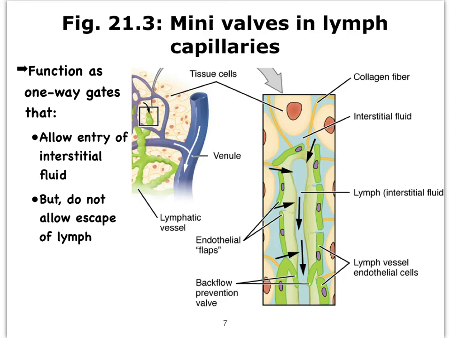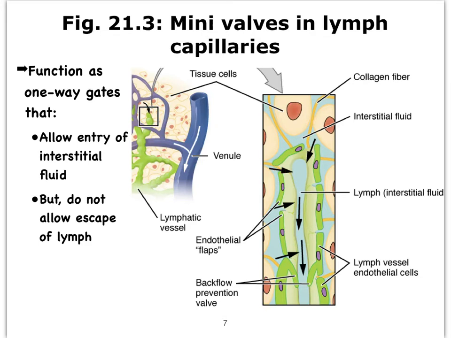Now notice that this endothelial layer is formed to have little valves that allow interstitial fluid to very easily seep into the lumen of our lymphatic capillary. Even as the pressure in the interstitial fluid rises, the pressure of that fluid will be such that it pushes the valves to where the fluid can seep in.